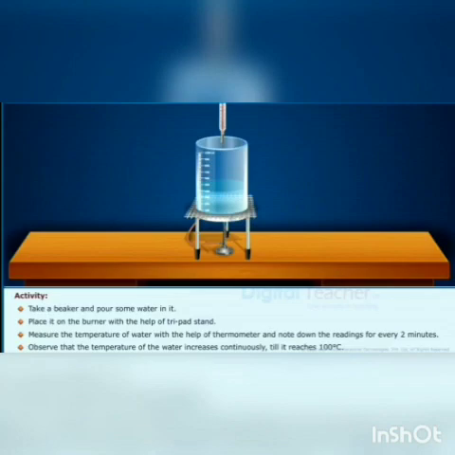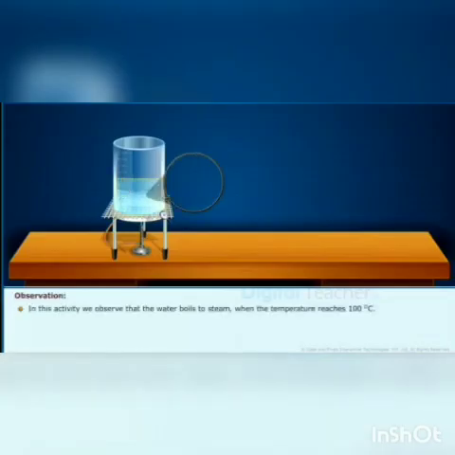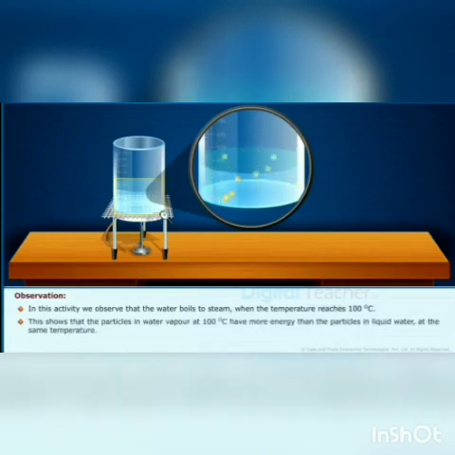Observe that the temperature of the water increases continuously till it reaches 100 degrees Celsius. In this activity, we observe that water boils to steam when the temperature reaches 100 degrees Celsius.